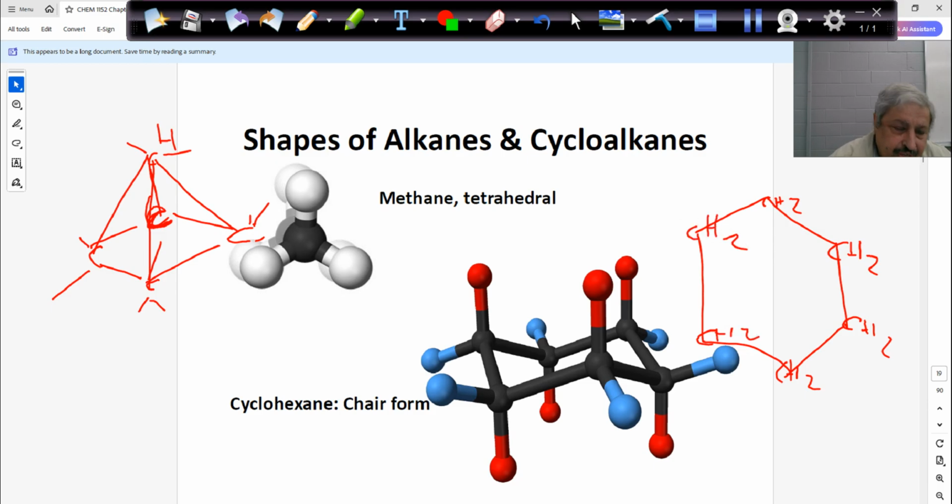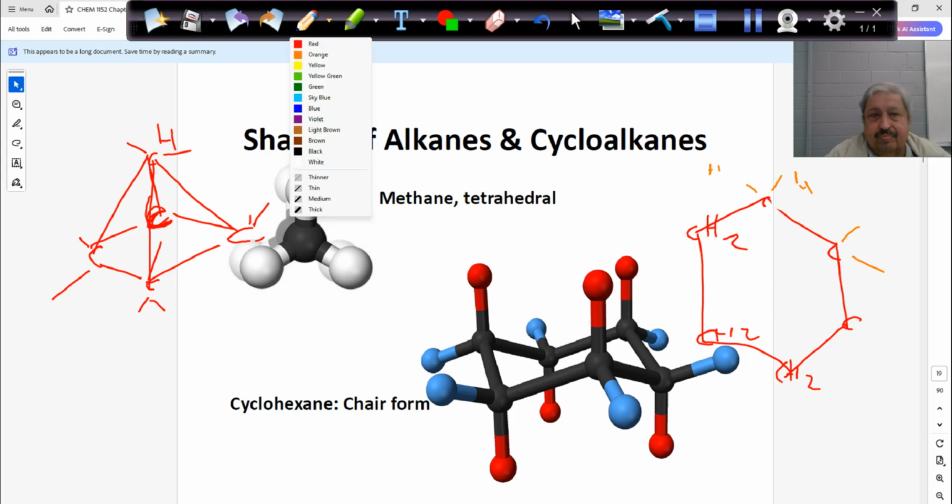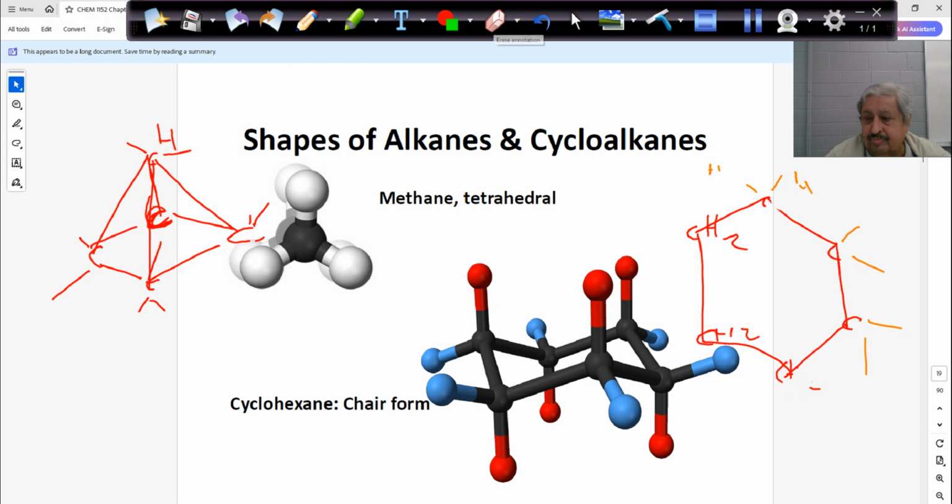And for the expanded, you really have to show the hydrogens. Okay, the hydrogen is here, take this one out, let it stick out, and take this hydrogen out, sticking out, and so on.